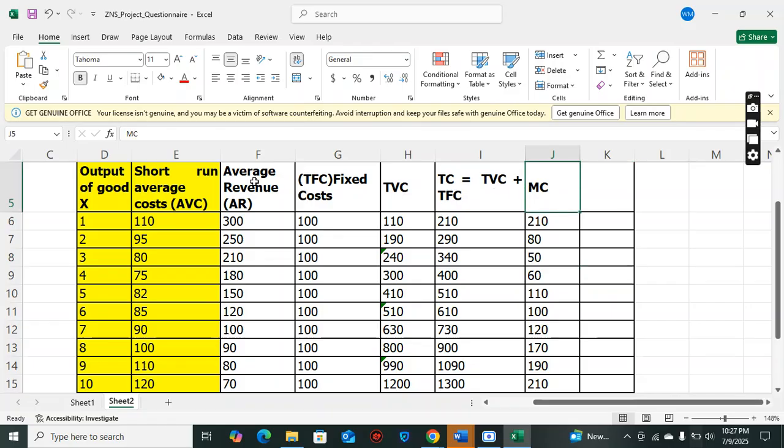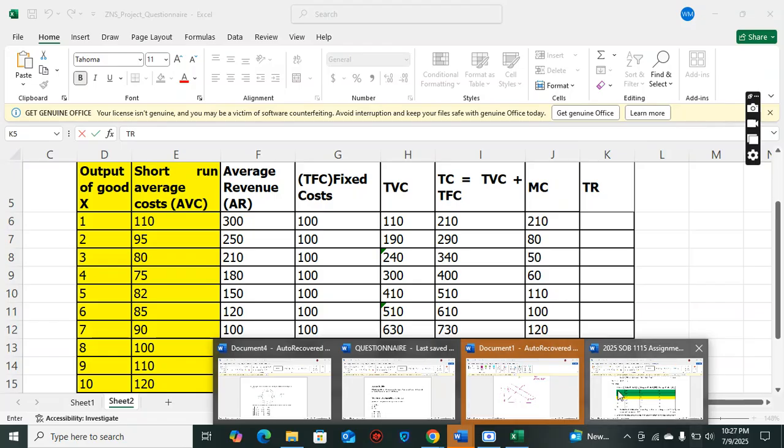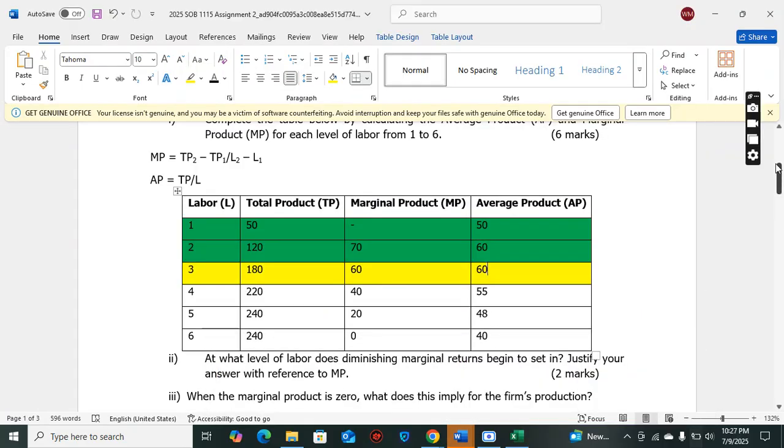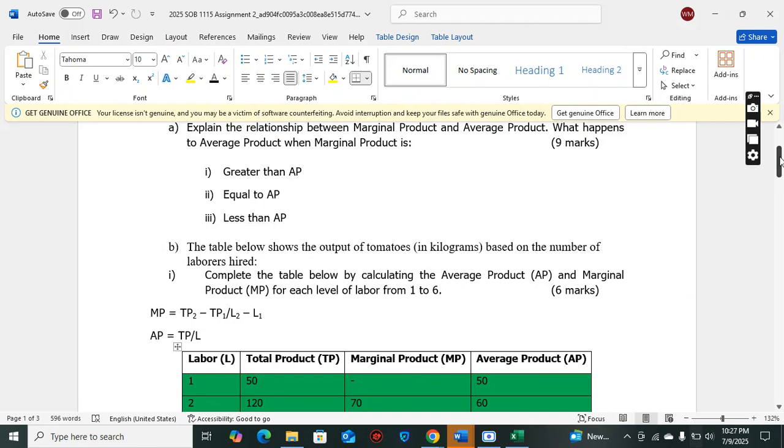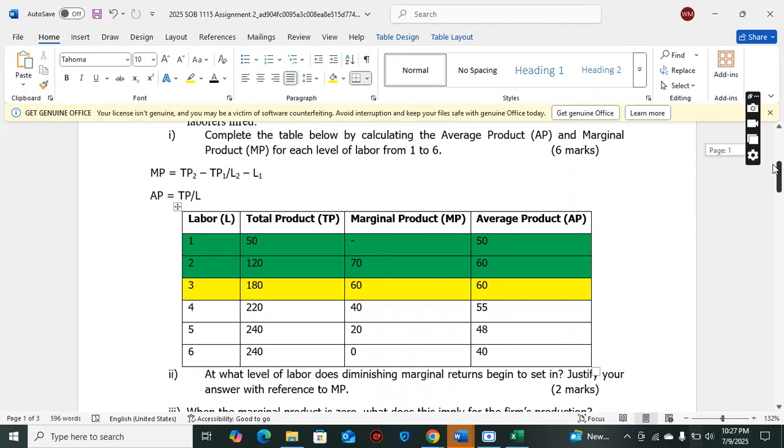We've got average revenue, so then we need to find total revenue, TR.